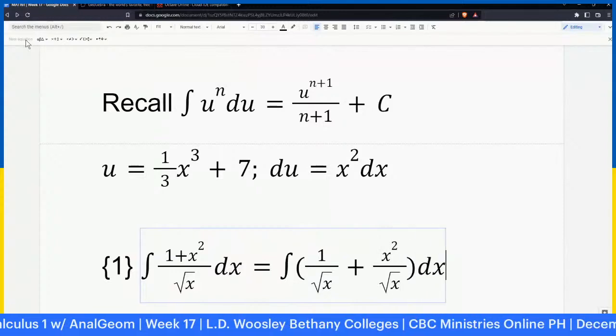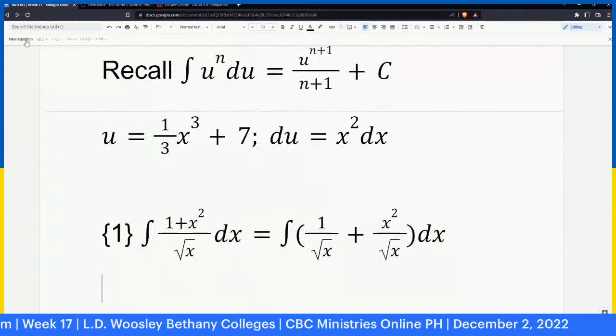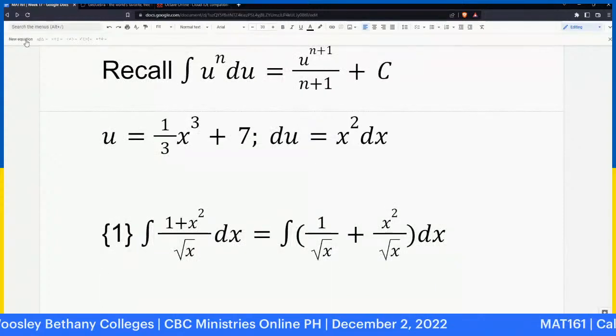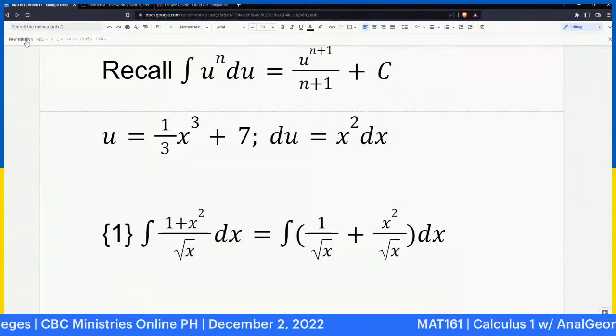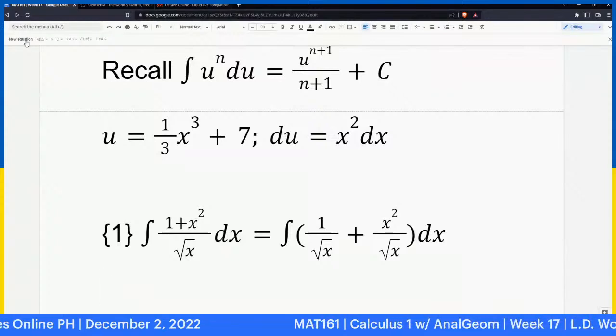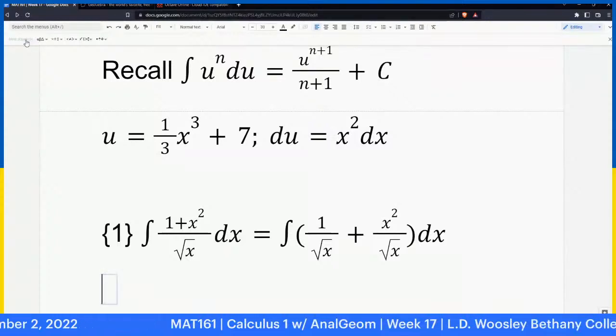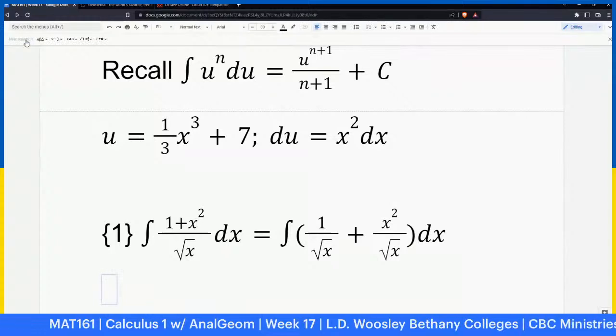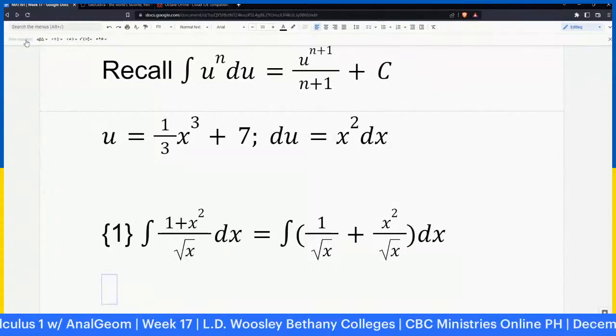Okay, then we simplify further. What over square root of x, guys? Or 1 raised to 1 all over x raised to 1 half. Make it in fraction form. So since square root of x is x raised to 1 half, 1 over x raised to 1 half is equal to what?